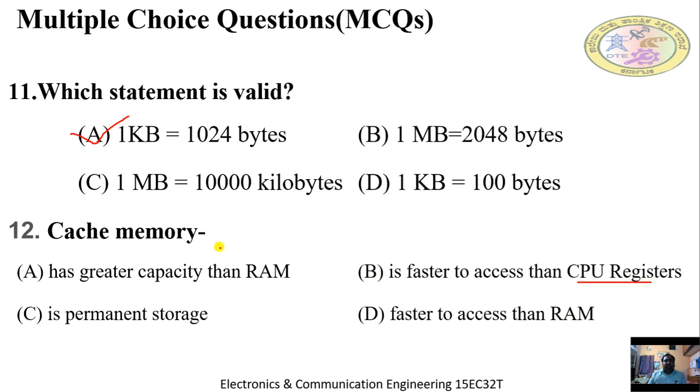So it is faster than RAM. That's why it is inserted between the RAM and the CPU to avoid the speed mismatch. So option D is the answer. It is faster than RAM, but not as fast as CPU registers, because the register storage is still less than the cache memory.